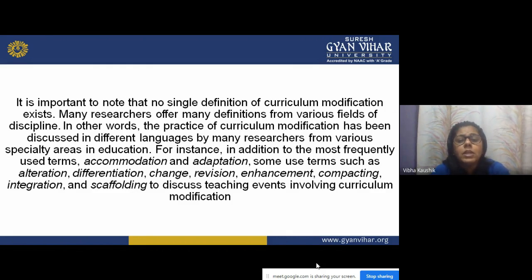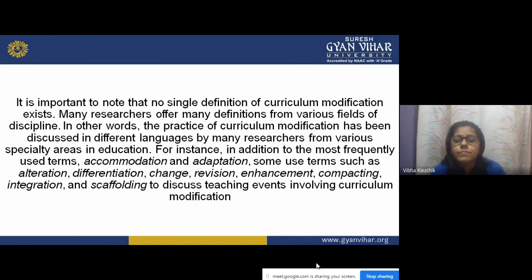In other words, it concerns the practice of curriculum, the way in which the curriculum will be delivered. The concept of curriculum modification has been discussed in different languages by many researchers from various specialist areas in education.